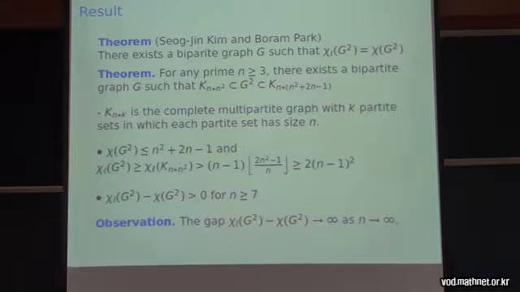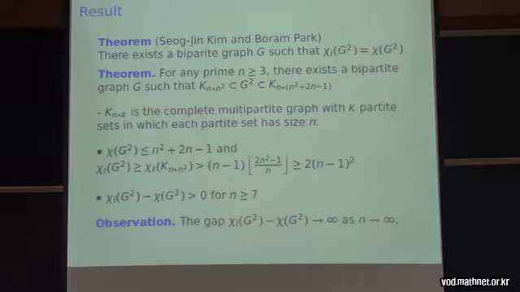And the other one has n cubed plus 2n squared minus n vertices, as a subgraph. So the order is still n cubed.